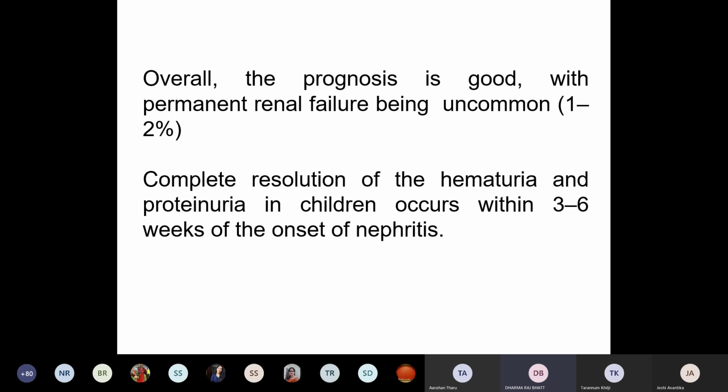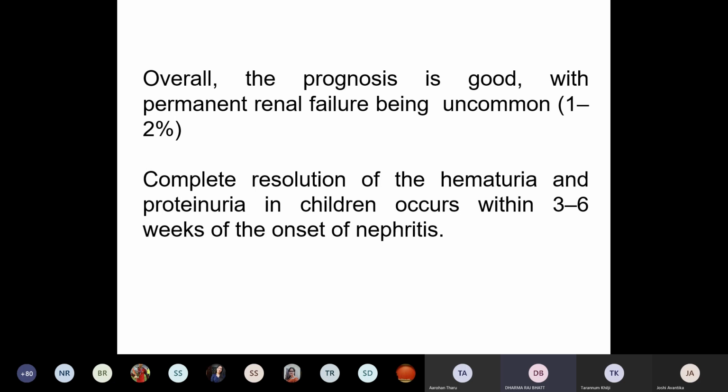Now, the overall prognosis in post-streptococcal glomerulonephritis is good, with a rare possibility of permanent renal failure. It's uncommon and seen in only around 1 to 2% of cases.